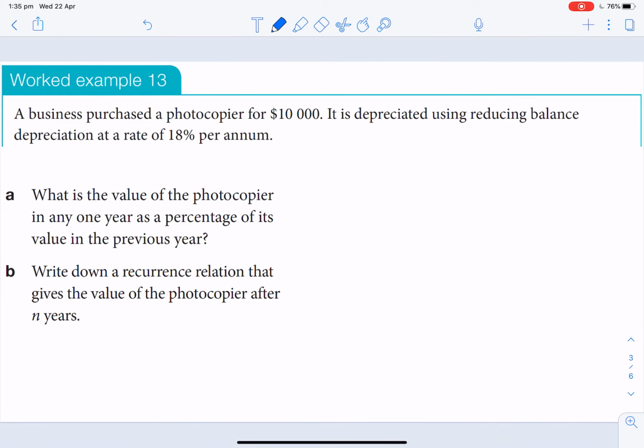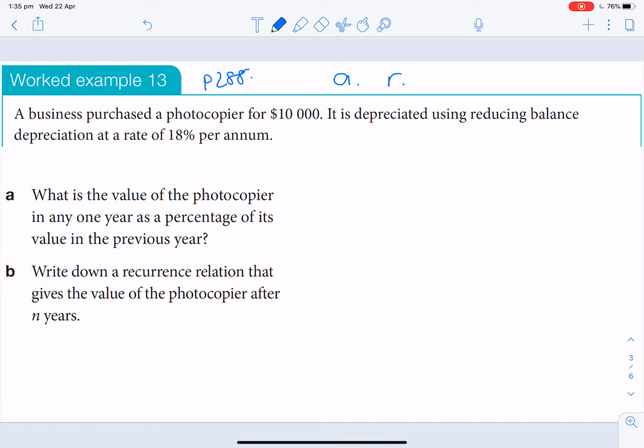So, worked example 13. For anyone following in the textbook, it is page 288. A business purchased a photocopier for $10,000. It is depreciated using reducing balance depreciation at a rate of 18% per annum. Now, if you remember from 6.2, if you want to find a recurrence relation, all you need is A and R. From that, you can plug those two values in and find any term within the sequence.